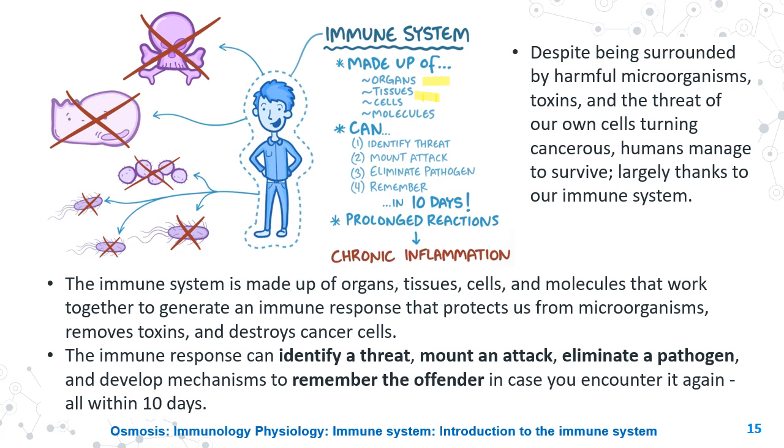Now, what is the job that they have to do? First of all, they have to know what is a threat. They have to identify when something is bad. But as importantly, they need to identify what is good. Because imagine, think about the microbiome and all these bacteria in your gut that are good for you.